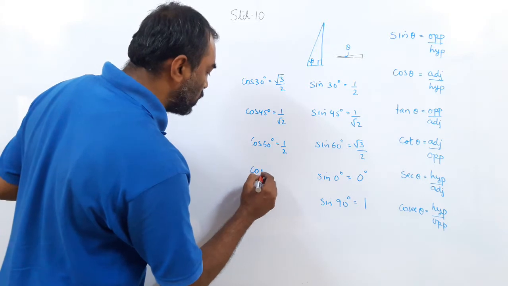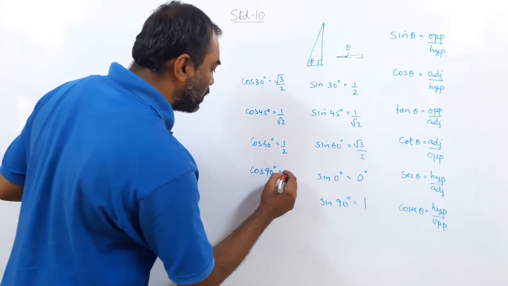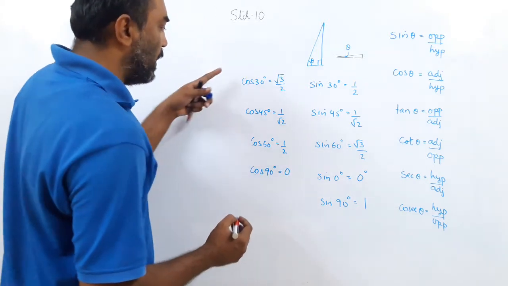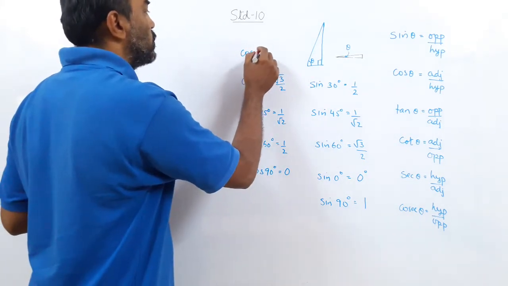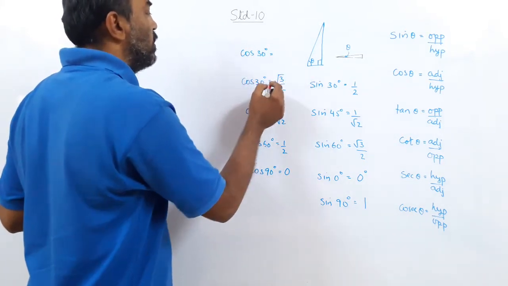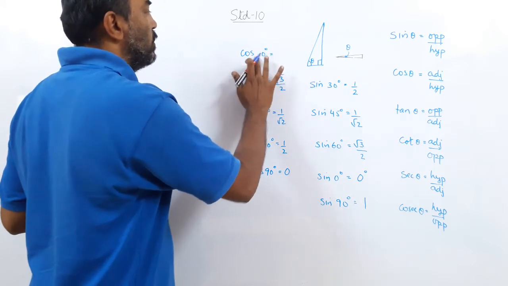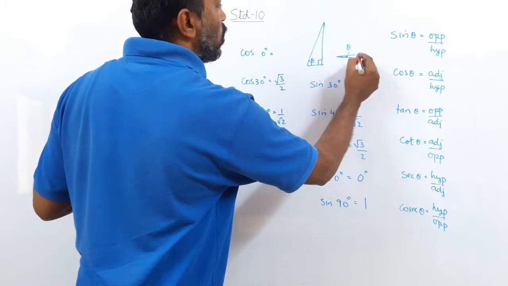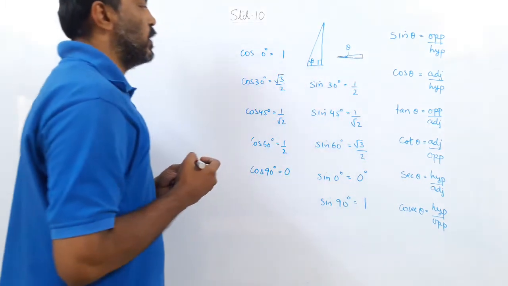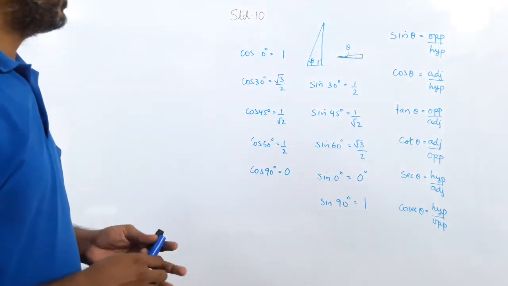So eventually when the angle becomes 90 degrees, the value of cos will decrease to 0. And if the angle decreases, say to 0 degrees, the angle is fully decreased, then the hypotenuse and the adjacent almost become equal, becomes 1. So this is what we get.